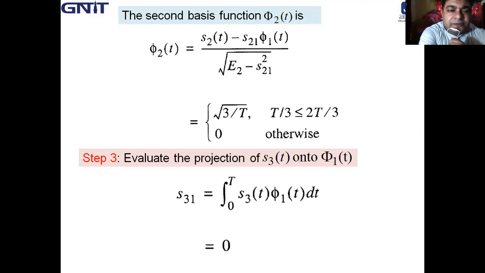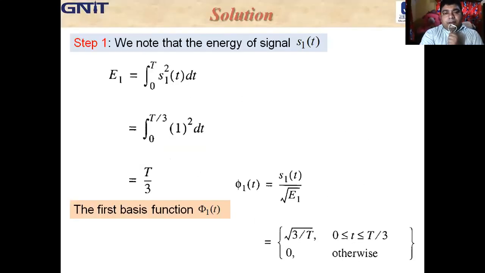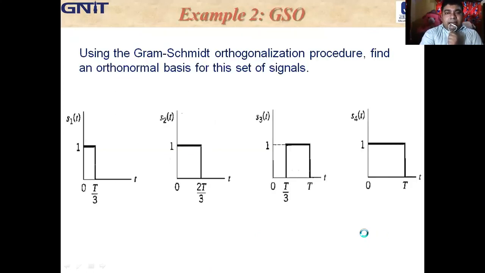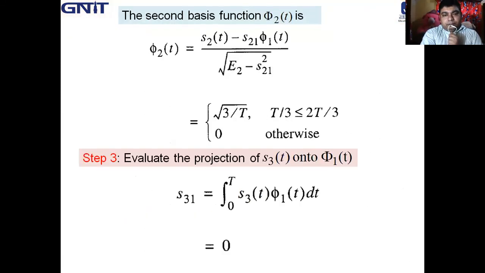S31 is the projection of signal S3(t) on phi 1(t), that is the integral from 0 to T of S3(t) phi 1(t) dt, and phi 1(t) belongs to 0 to T by 3, and in the diagram, from 0 to T by 3, there is no existence of signal S3(t). So in that part, S31 is 0. See here, S31 is 0.